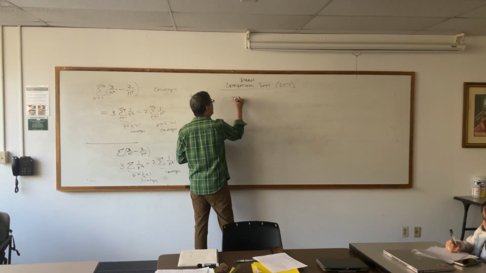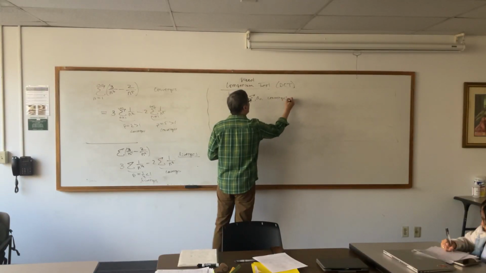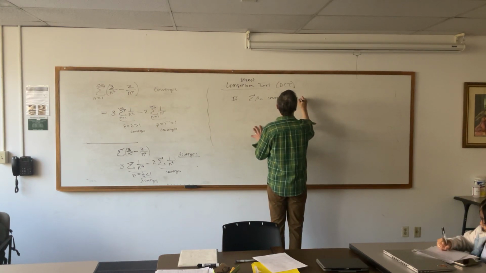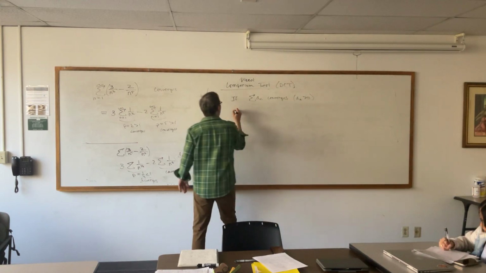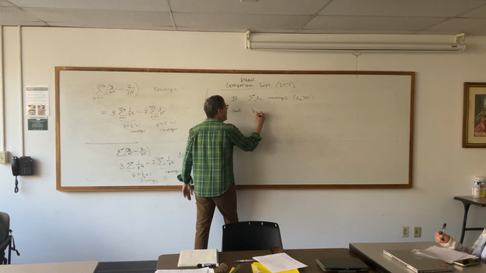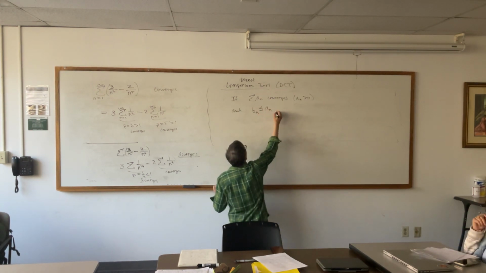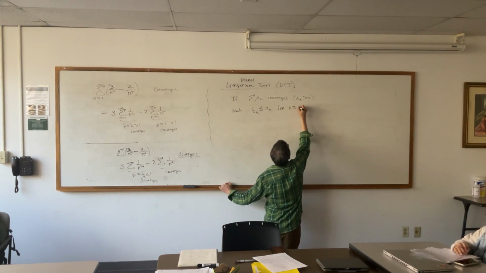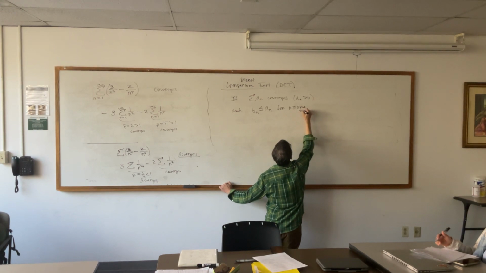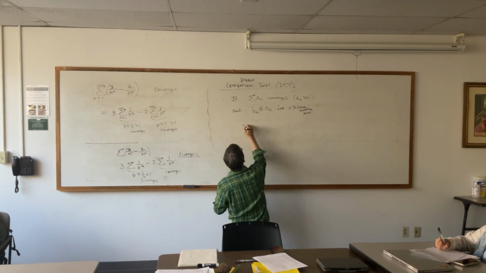So if this series converges, and its terms are all positive, let's just say they're all positive, and B sub n is a sequence that is bounded above by A sub n for n greater than or equal to some starting point, then this series converges.